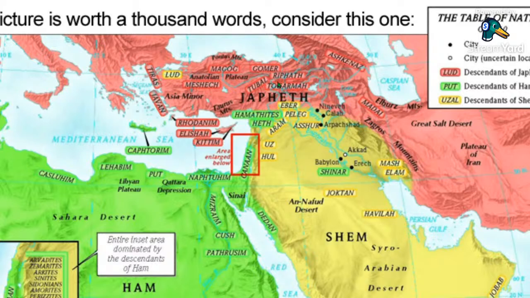Ashkenaz, Riphath, and Togarmah are the sons of Gomer. And of course, they went up into Europe one way or another. Riphath apparently went to southern Europe. And that's why in the area of Ashkenaz, it's R1A. In the area of Riphath, it's R1B.